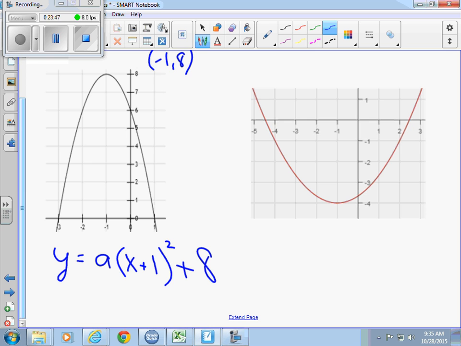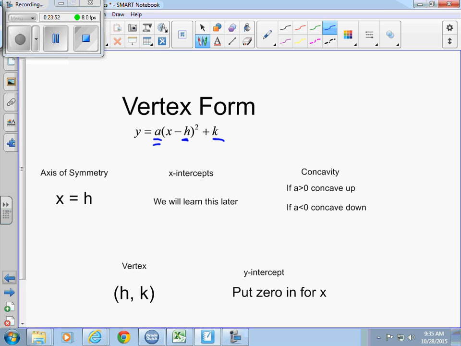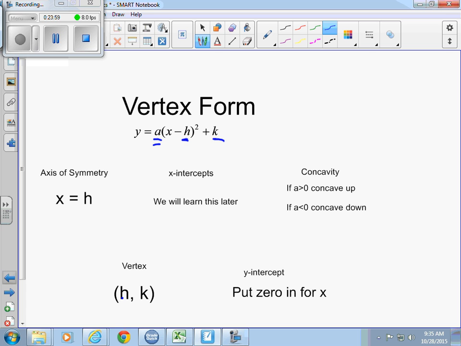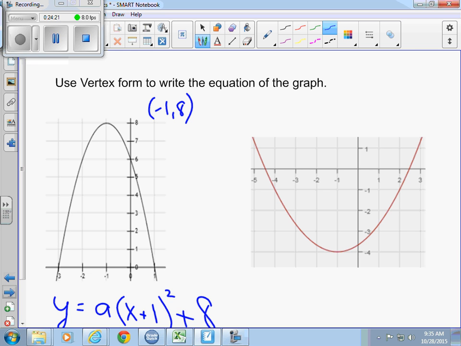The y value of the vertex. So if I slide back one slide, this is the x value of the vertex. Okay, so (h, k) right here. Minus h plus k. So I'm just going to follow that formula. h is -1.